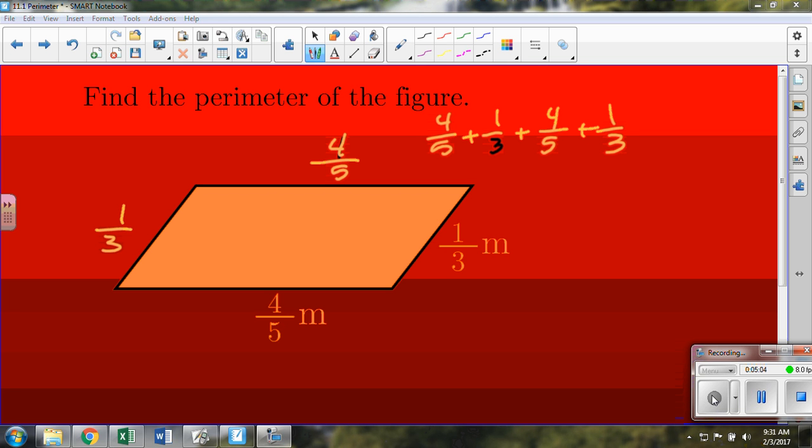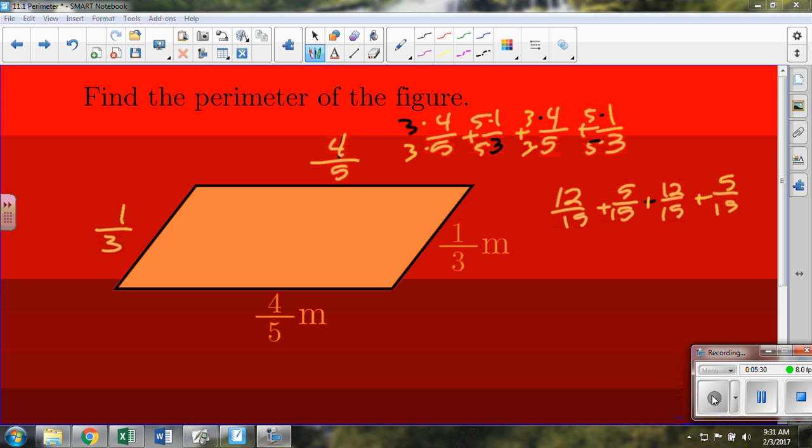And once again, we need to get a common denominator. This one's 15, so we'll take times 3, times 5, times 3, times 5. And so we have 12 over 15 plus 5 over 15, 12 over 15, 5 over 15.